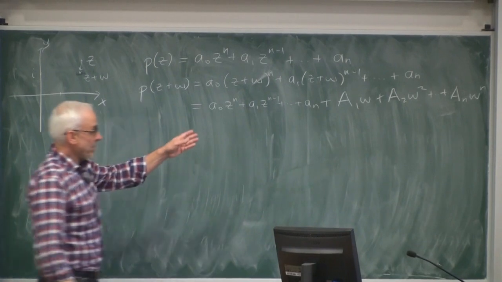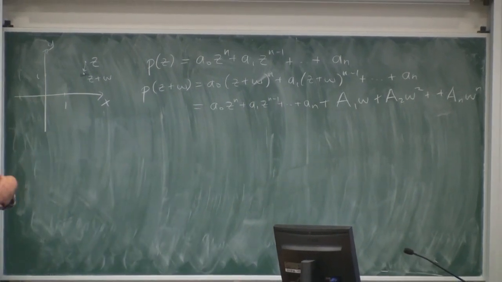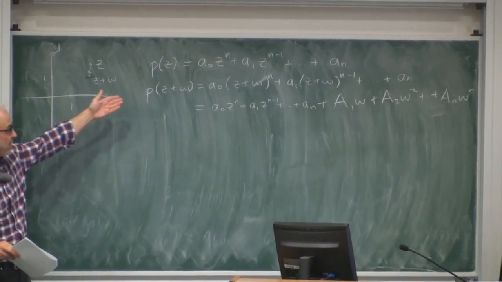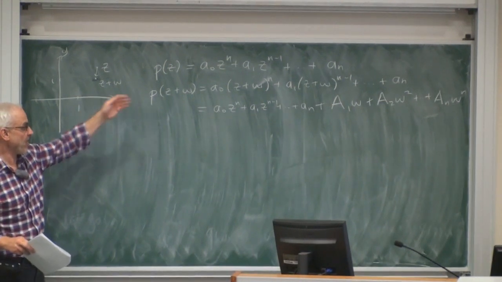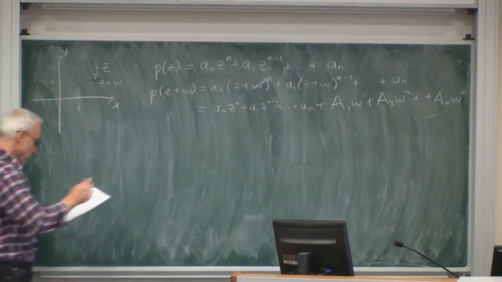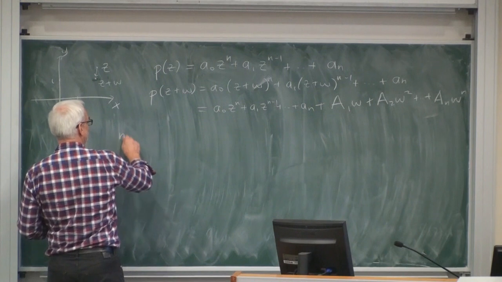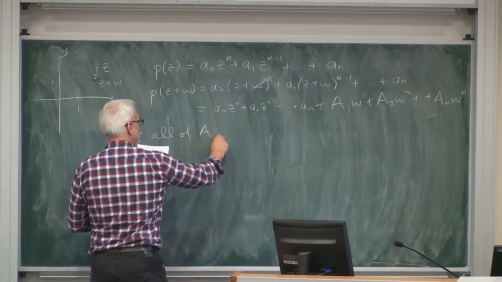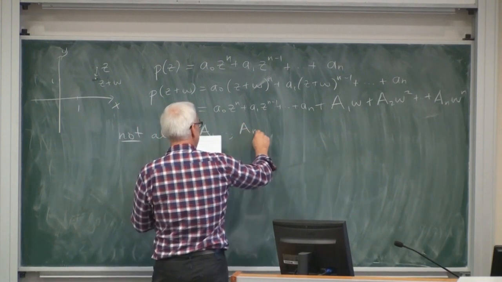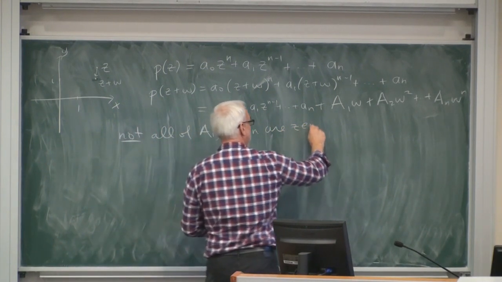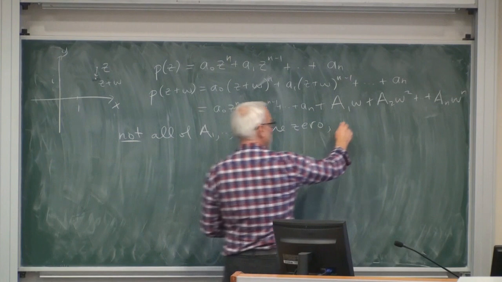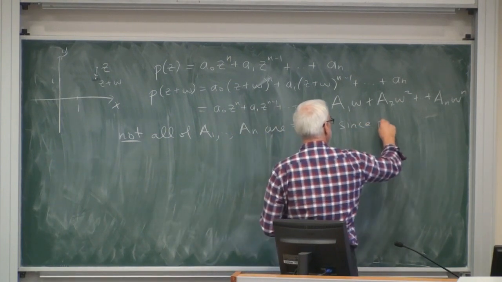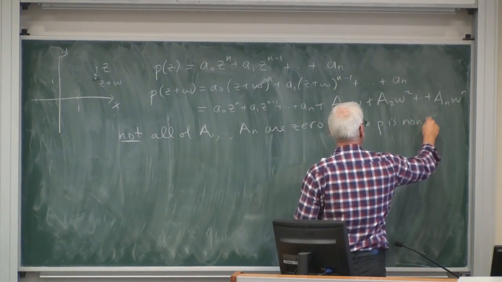So these capital A1, A2 up to An are some expressions involving the A's and the Z. And what we do know is that not all of the terms A1 up to An are 0, since we're assuming P is non-constant.